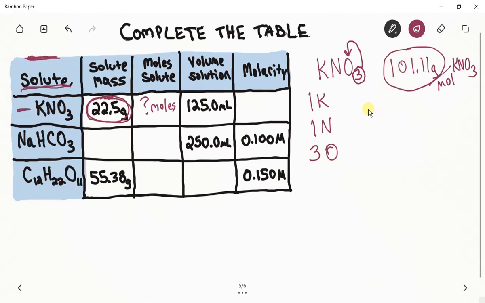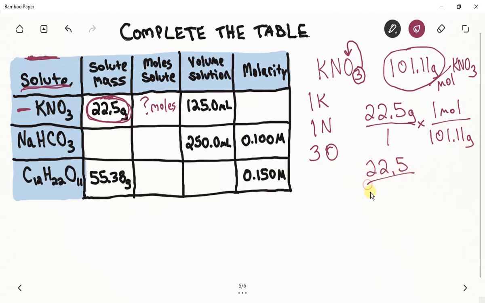So if we take the 22.5 grams that we do have, and I put it over 1, and we multiply 1 mole of potassium nitrate is 101.11 grams, then we end up getting 22.5 divided by 101.11.